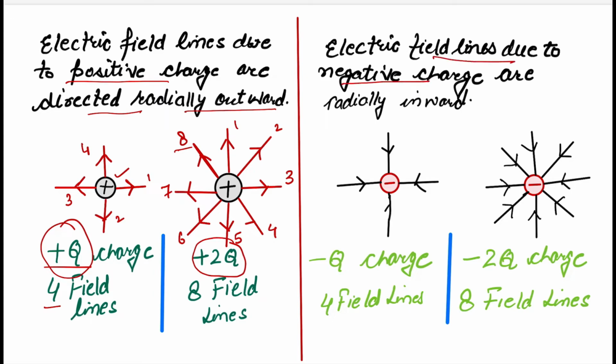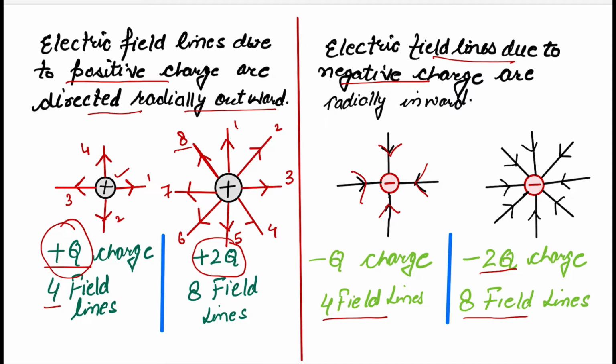Then we have electric field lines due to negative charge. Due to negative charge, the lines are directed inward. The lines move toward the charge. Similarly, we compare the things. For the minus Q charge, we have 4 lines, and for the minus 2Q charge, the charge magnitude has doubled, so we have a total of 8 field lines.